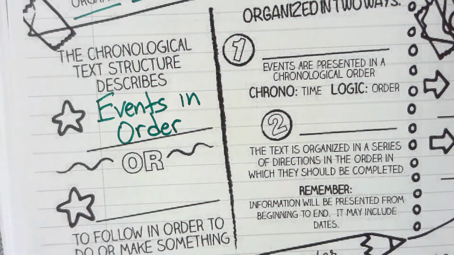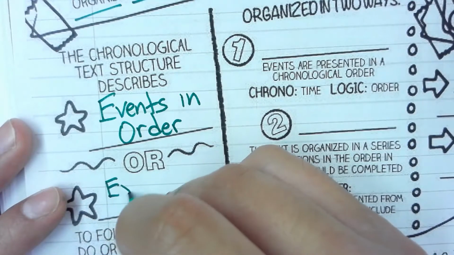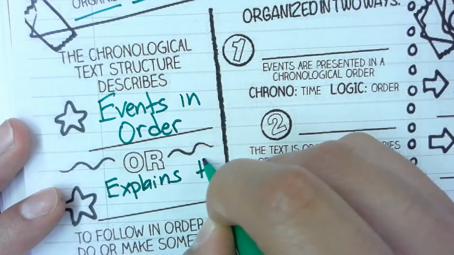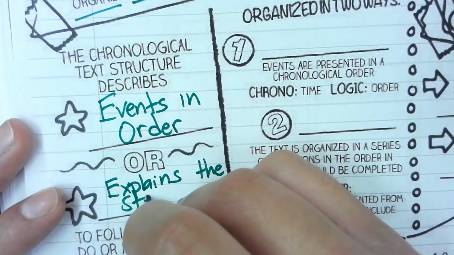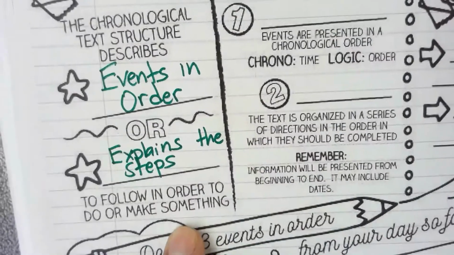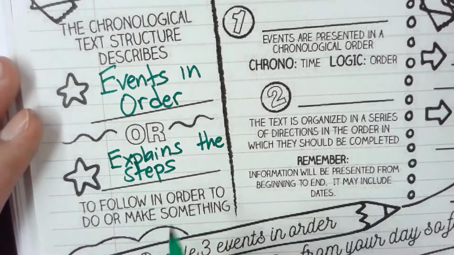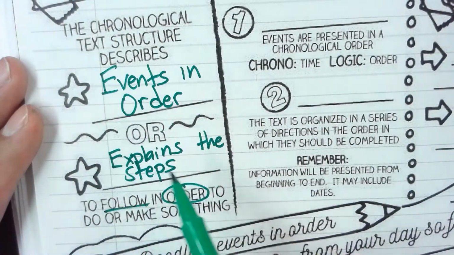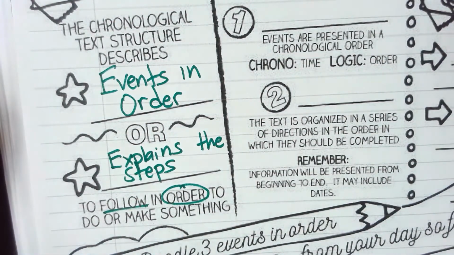Events are in order from beginning, middle, all the way to the end, or it explains the steps to follow in order to do or make something. Once again, the clue is it's going to be in order, following them. So events in order or explaining the steps.